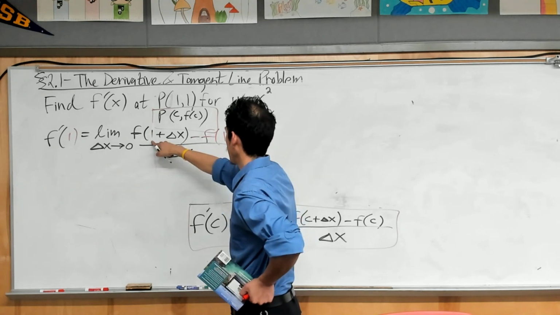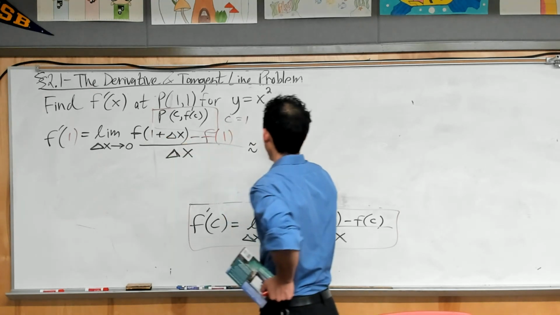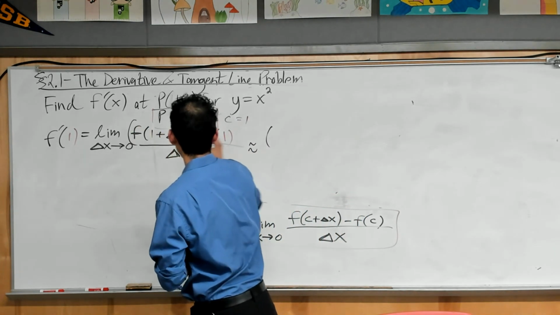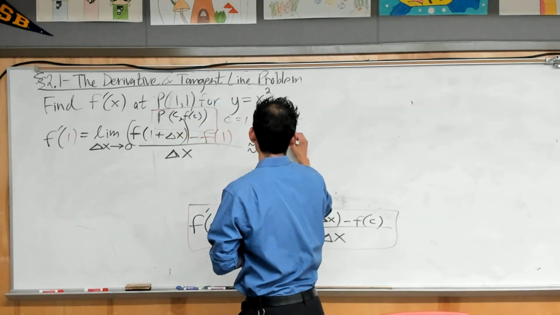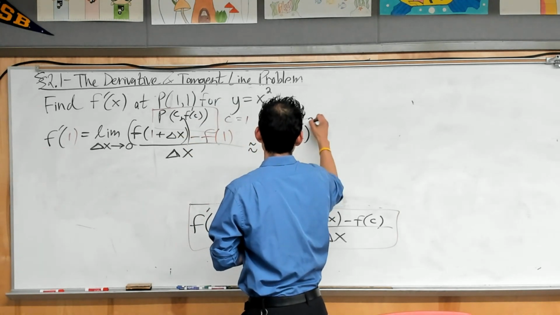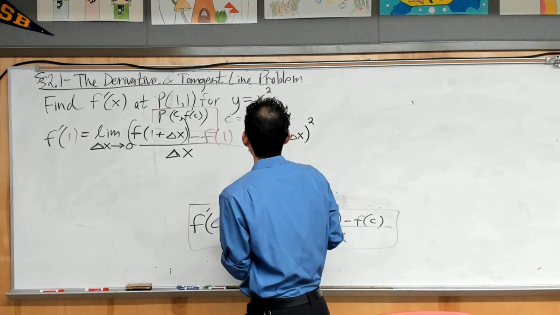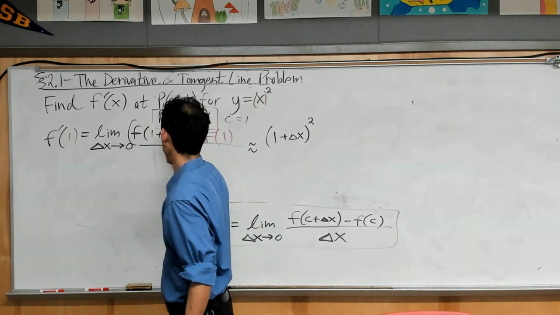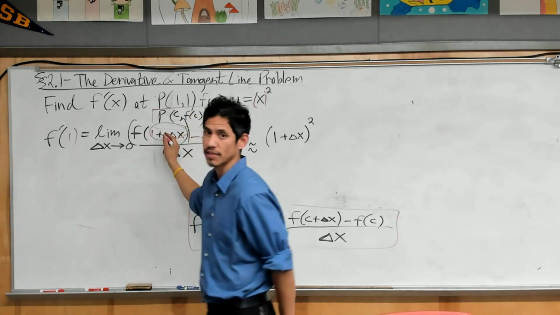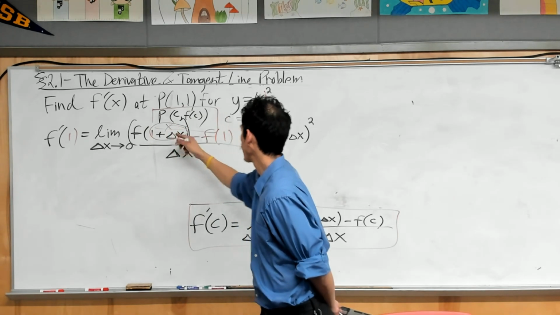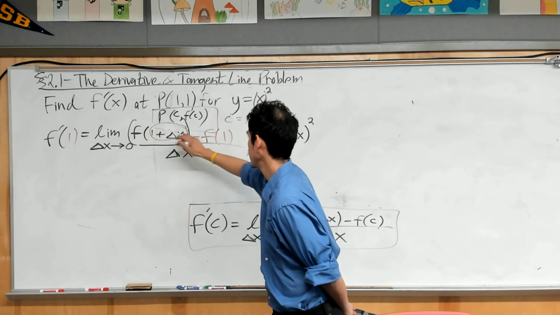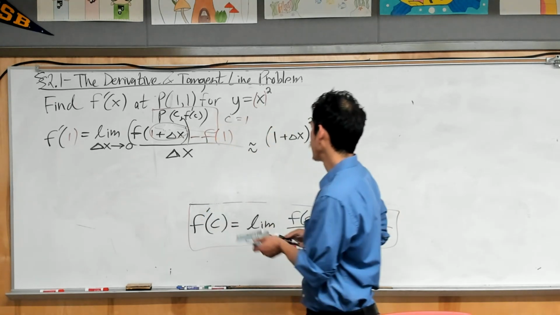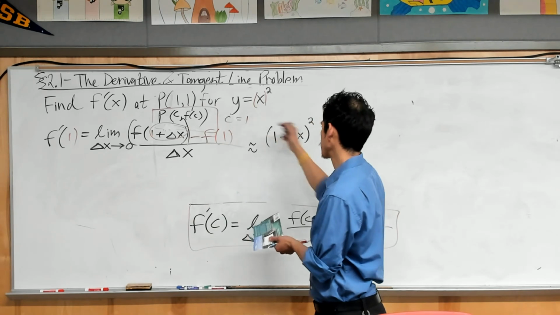So here we have f of this squared. Whatever is in here, we square, because that's what the function is. So we're going to have 1 plus delta x squared, because that's what the input is. The input here is x, the input here is this whole thing, 1 plus delta x. I don't know if that's more confusing, or if that makes sense. But make that squared, minus f of 1, because here it would just be minus 1 squared.